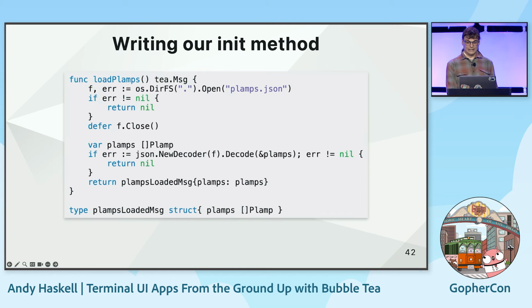First, we open the file, and then we deserialize its contents from JSON using my personal favorite if statement in Go, handling the error for json.NewDecoder.Decode. And then once the list of plants is deserialized from JSON, we return them in our Bubble Tea message, which is a new type that we have called plants loaded message. It contains the plants we loaded.